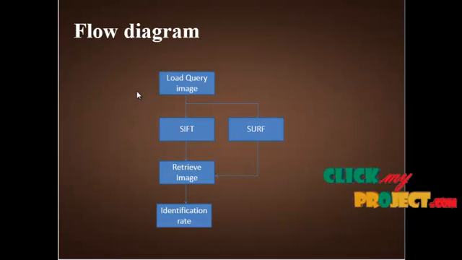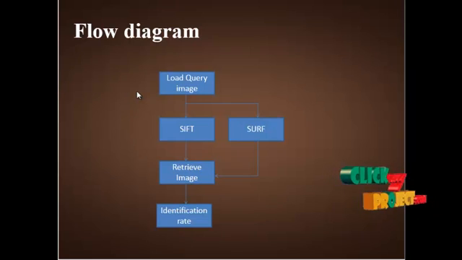This is the flow diagram for our proposed work. In our flow diagram, first load the query image. The query image is the manipulated or modified face image, and it goes to the pre-processing step. In the pre-processing step, we use a Gaussian filter to remove any noise in the query image, and that pre-processed image becomes the loaded query image.